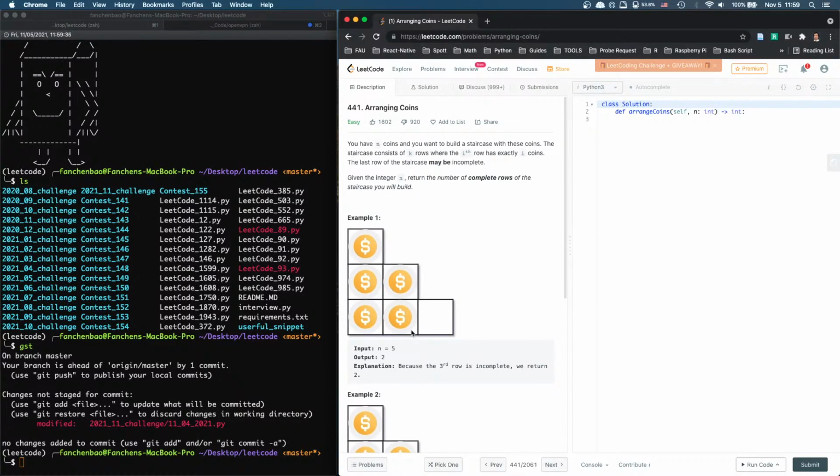Isn't this deterministic? So let's say n is 5. Hold on, this doesn't feel right. There's a total number of coins, and then the last one will be x plus 1, which means this, yeah, this is right.